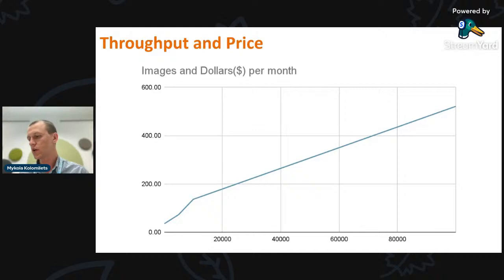For example, you need to prepare some quarterly reports. And once per 3 months, the count of processing will be bigger than the previous 3 months. And you don't need to care about scaling.